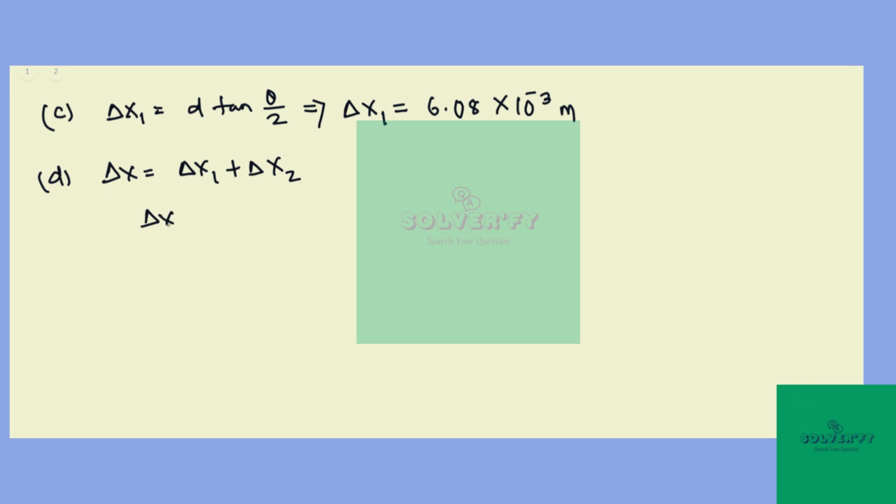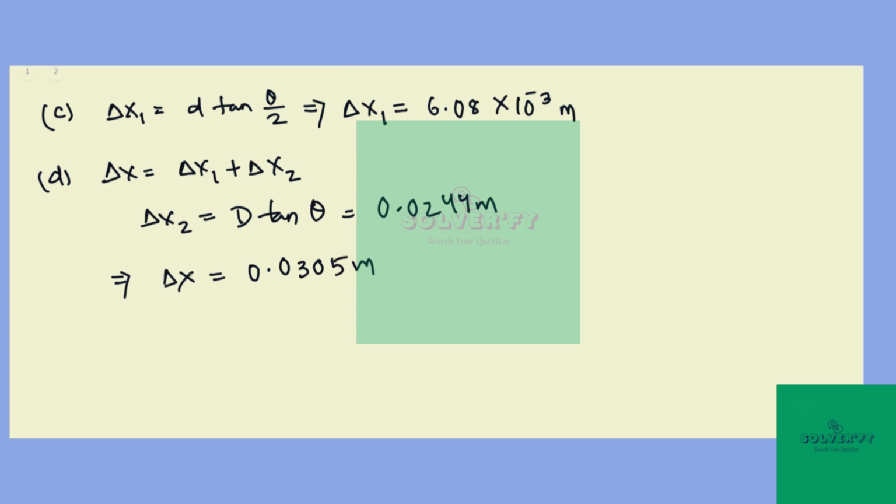And delta x2 should be given by capital D times tan theta, and we get this value to be 0.0244 meters, and we use the value that we found here and here in this equation, and we get delta x to be equal to 0.305 meters.